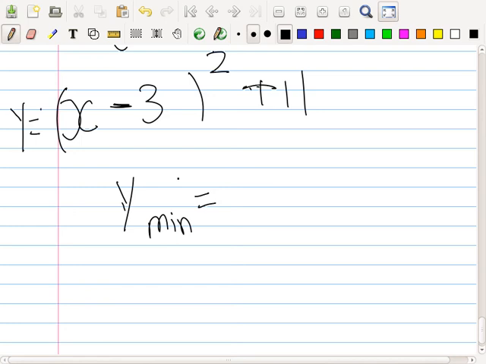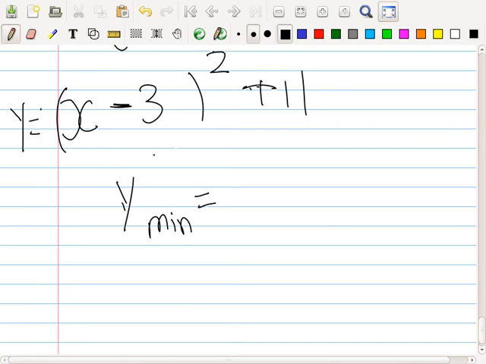Why is 11 the smallest y can be? X minus 3 squared. The minimum is 0. Why? Always a positive number.